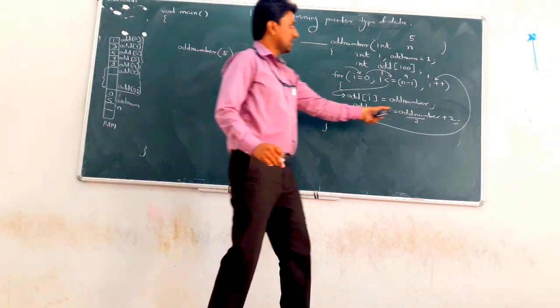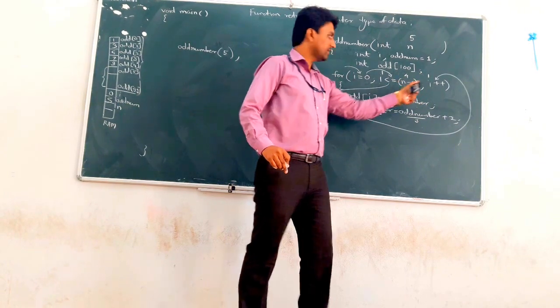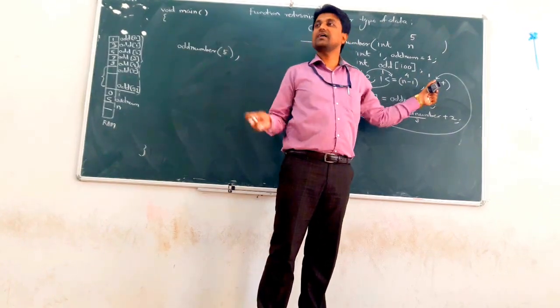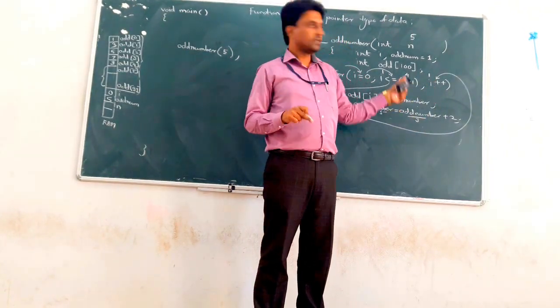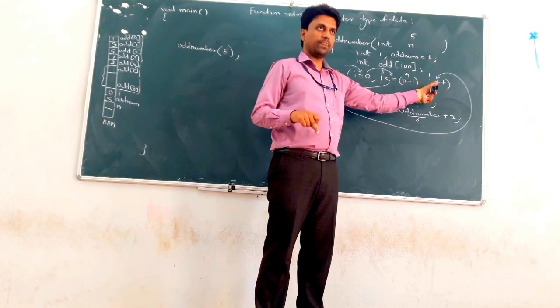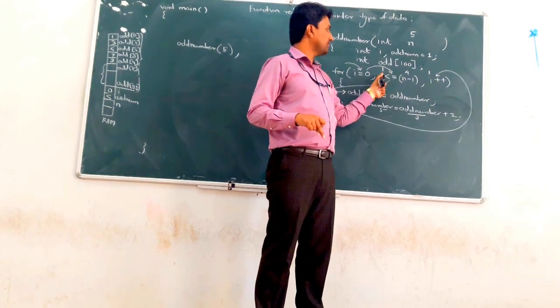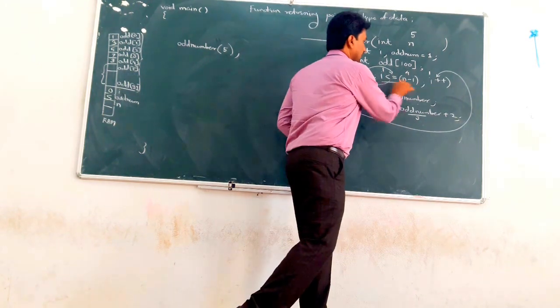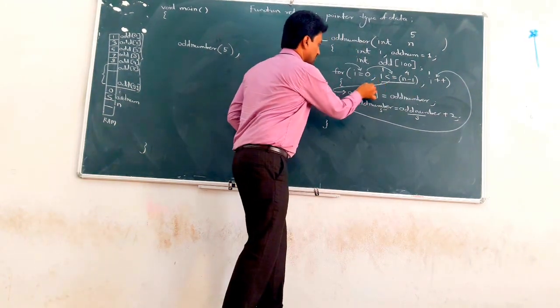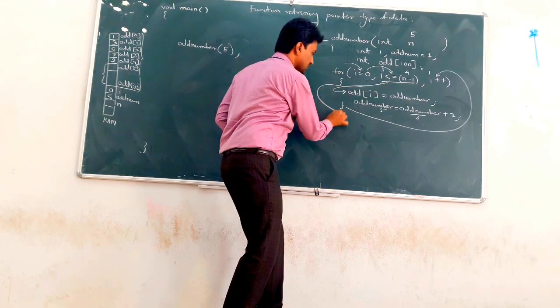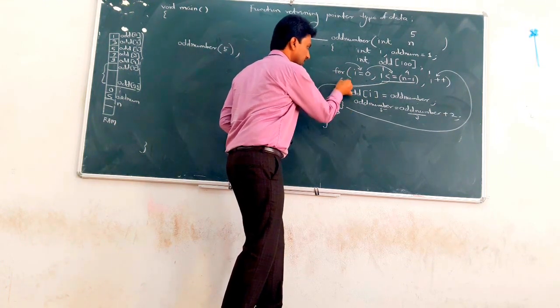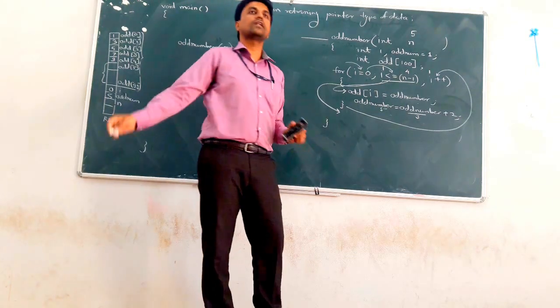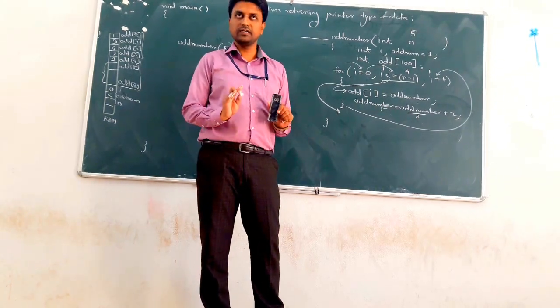So as the loop incremented, I plus plus, I becomes 5. At that time 5 less than equal to 4 means condition false, and the runtime cursor returns out of for loop, means out of the curly bracket of for loop. Clear?